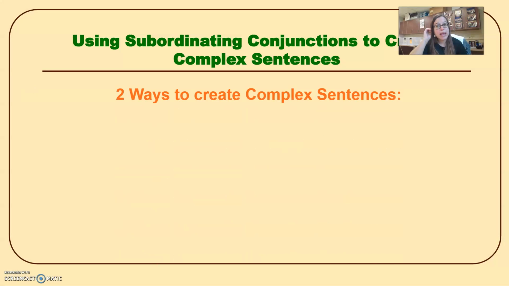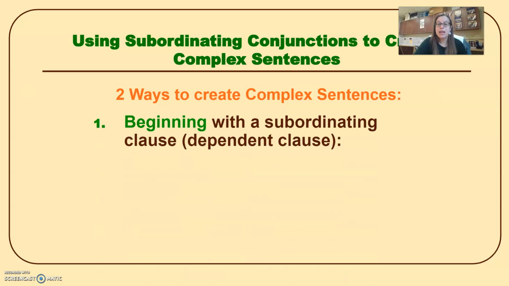So there are two ways to write a complex sentence. So we're going to review how to do this. The first way is when you begin the complex sentence with a subordinating clause or a dependent clause. A lot of students just call it dependent clauses, but another grammar name for it is subordinating clauses because it starts with a subordinating conjunction.